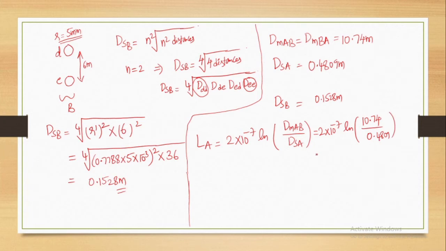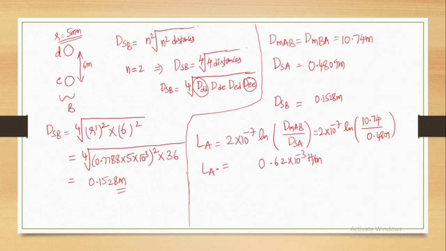Now what is this value? It is actually in Henry per meter. Is it right? The unit for the inductance is Henry per meter. If you evaluate this, you will get 0.62 into 10 power minus 3 Henry per meter.